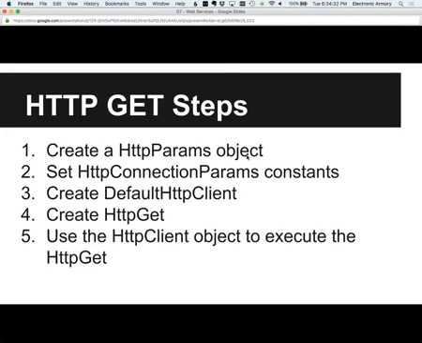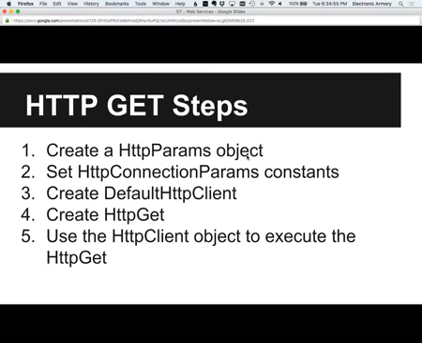This is going to be our object that actually makes the request after we create all these other objects and package those objects into this client. Then we create an HTTP get request. This is the actual get object, so we package in the URI, that sort of stuff. We package that all into the get, and we throw that get at our HTTP client to actually make that request. It's a bunch of steps here.